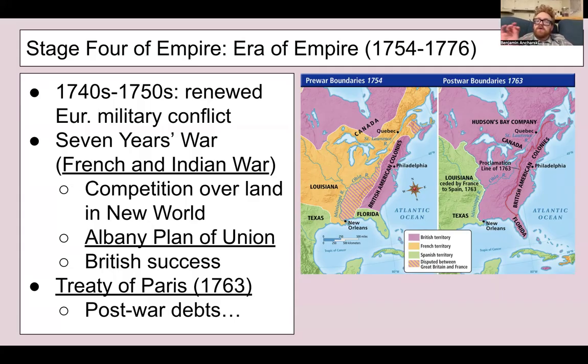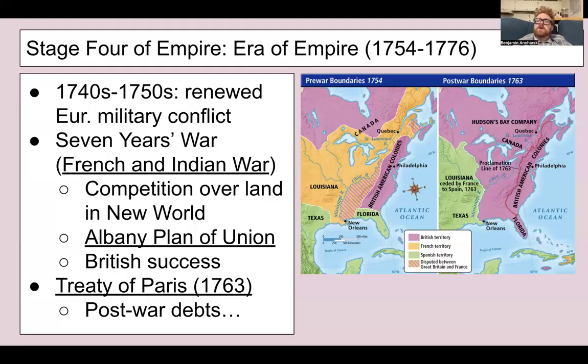However, the most important conflict in this age of empire, the one that really sets the stage for what becomes the American Revolution, is the so-called Seven Years' War, aka the French and Indian War. The French and Indian War is the North American name for this very European conflict.